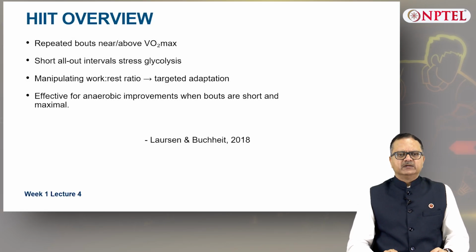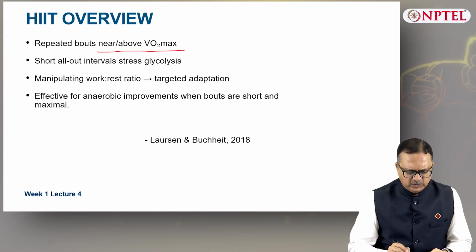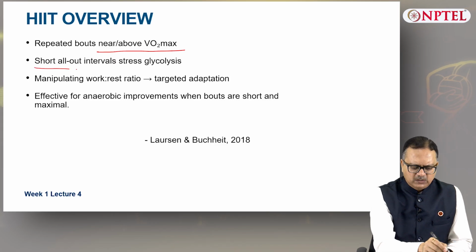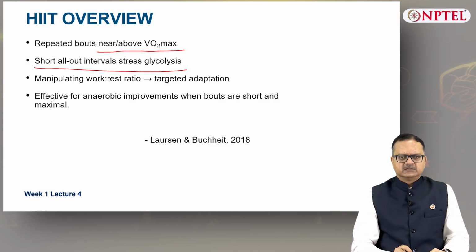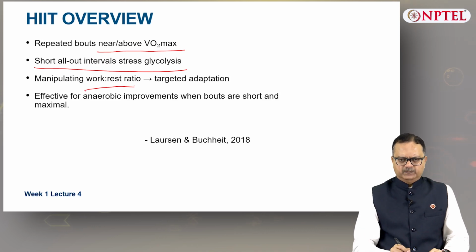Let's talk about some of the techniques. HIIT: repeated bouts near or above VO2 max. What is the principle? These short all-out intervals stress glycolysis, and you can target the adaptation by manipulating the work-rest ratio.